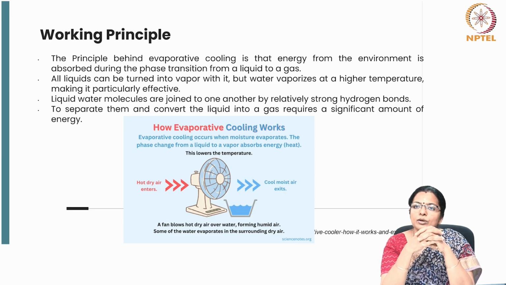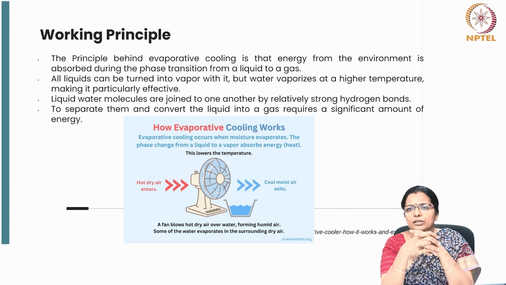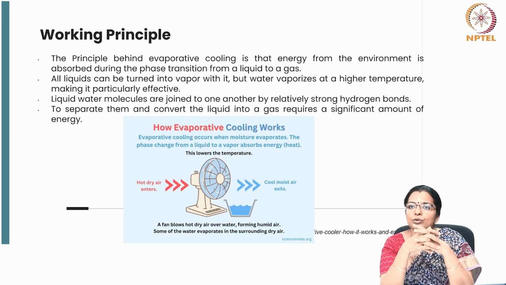Liquid water molecules are joined to one another by relatively strong hydrogen bonds. To separate them and convert the liquid into gas requires a humongous amount of energy, because when water vaporizes, it absorbs about 2257 kilojoules of energy. This is a very significant amount of cooling power.